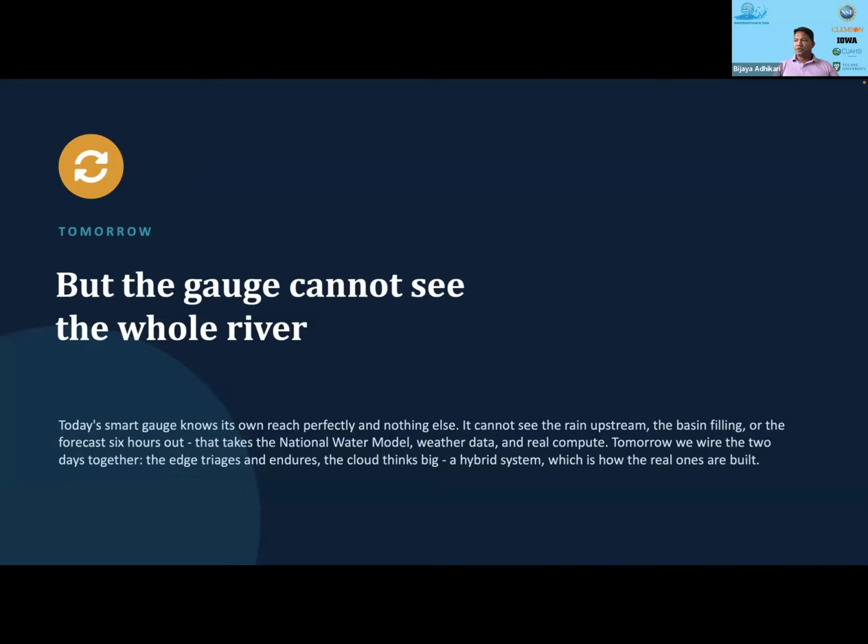Tomorrow we'll see that if we combine the cloud and the edge, we'll have a much better hybrid system, and this is usually how real world systems are built.